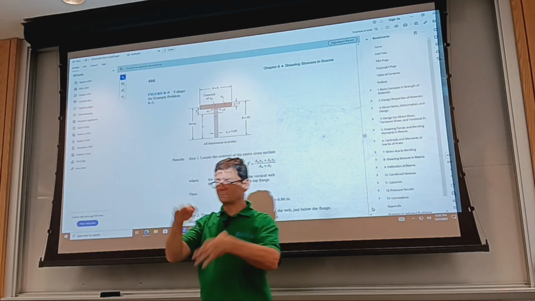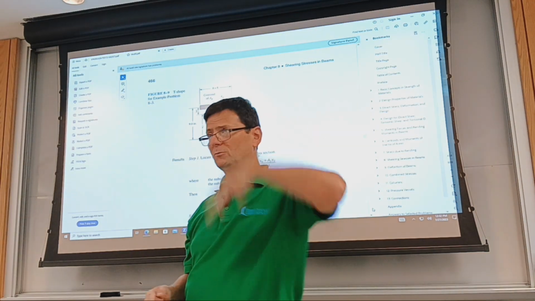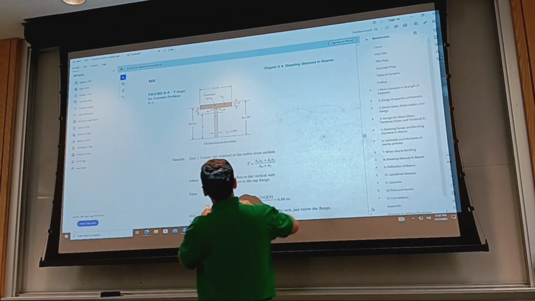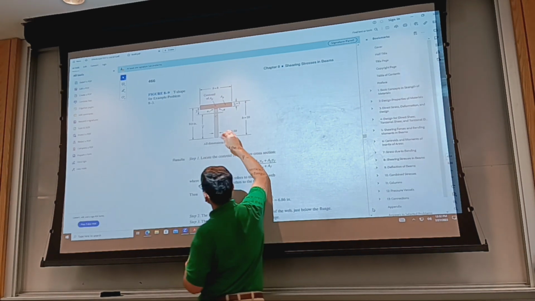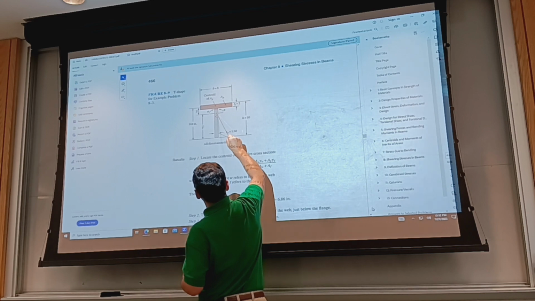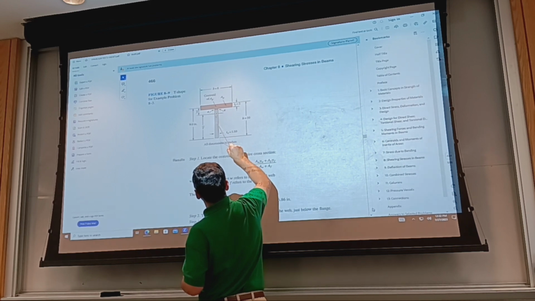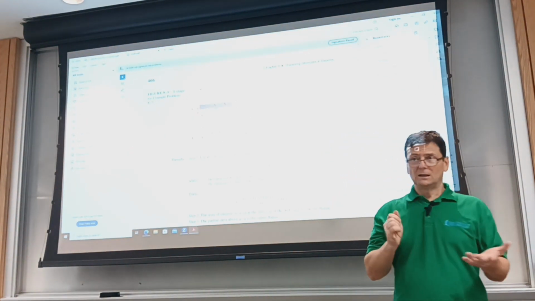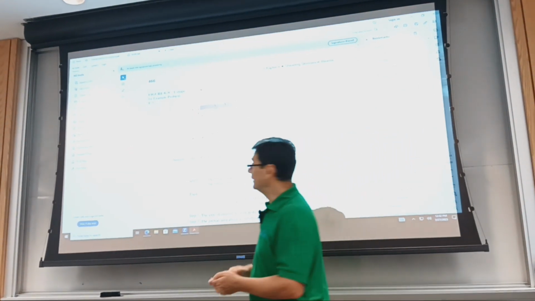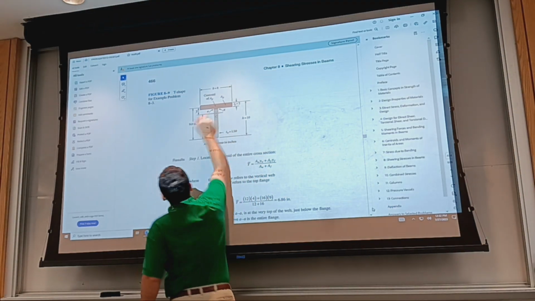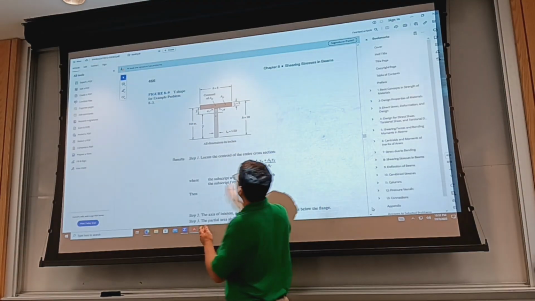You know, we have equilibrium. Either take the above or below section, the shear stress at the same location being transverse plane should be the same. So you can work with this section, get the area, measure the distance from the center of the assembly to the centroid of the partial area, calculate Q, and then apply the formula: V times Q over I of the entire section over t, thickness at the location where you analyze.